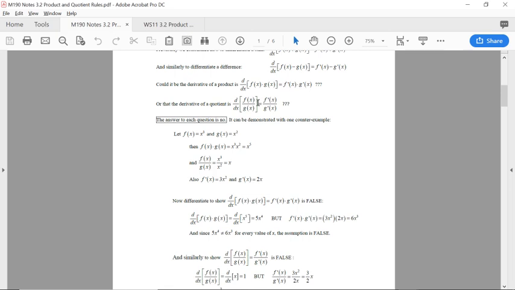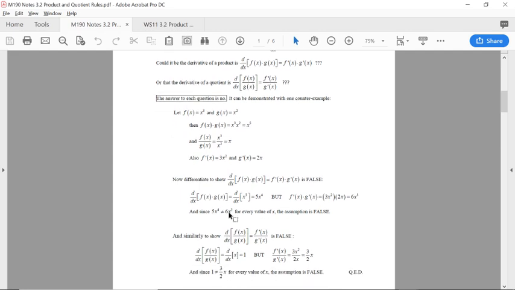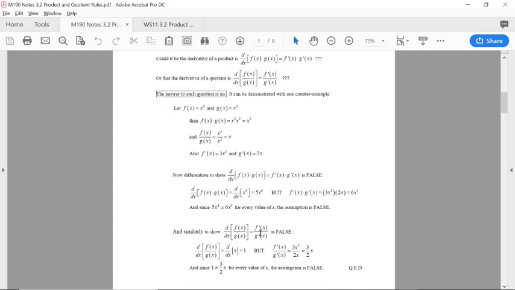The same is going to be true for the quotient. For the same two functions, x cubed and x squared, it can easily be shown, I show it down here, that in order to find that derivative, you can algebraically simplify the quotient first, if possible, and if it's not too algebraically expensive to do so.